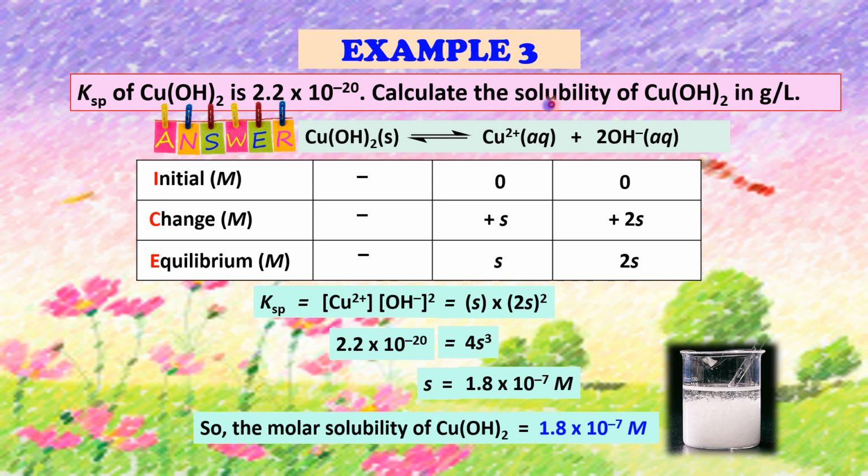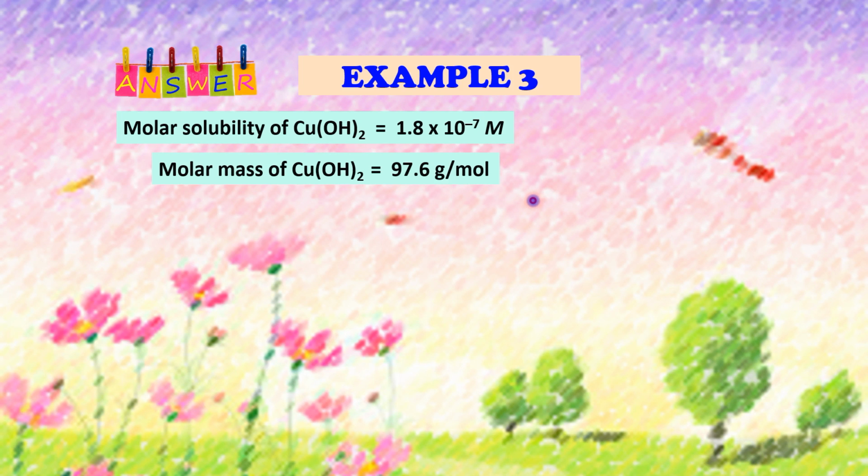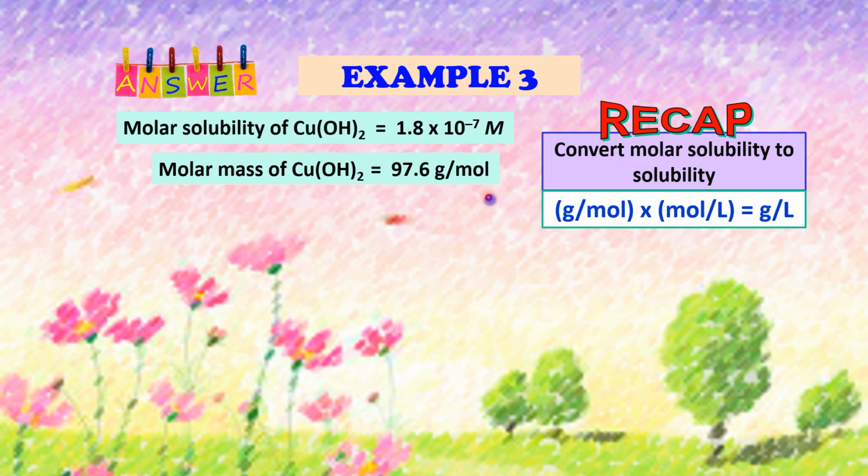7 molar. However, the question asks here to calculate the solubility. So, because of that, we have to convert from mole per liter to gram per liter. Okay, so because of that, you have to calculate the molar mass of copper 2 hydroxide. Okay, that is 97.6 gram per mole. So, remember how to convert molar solubility to solubility.